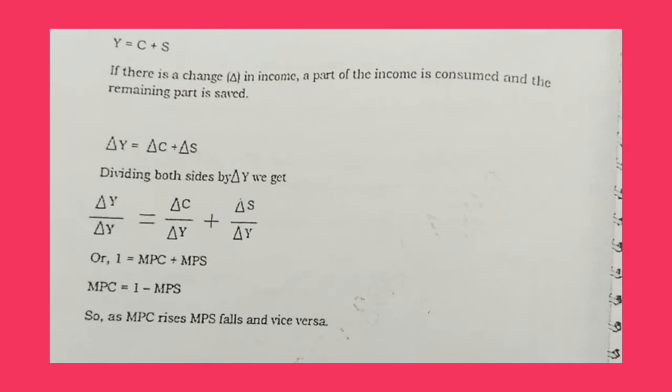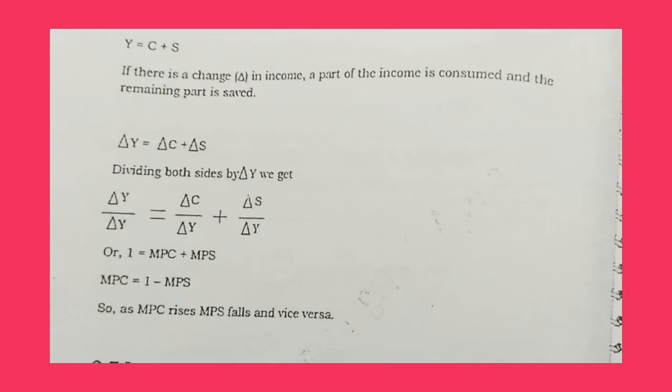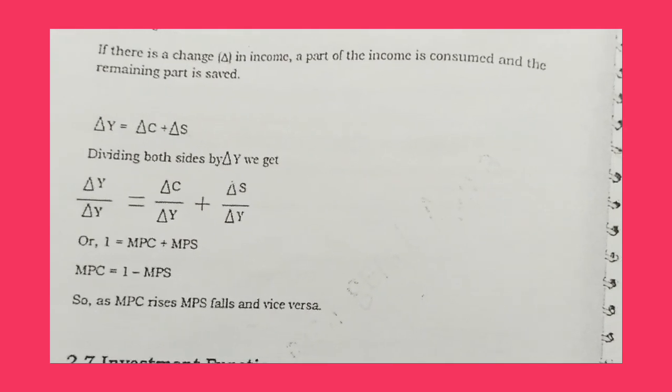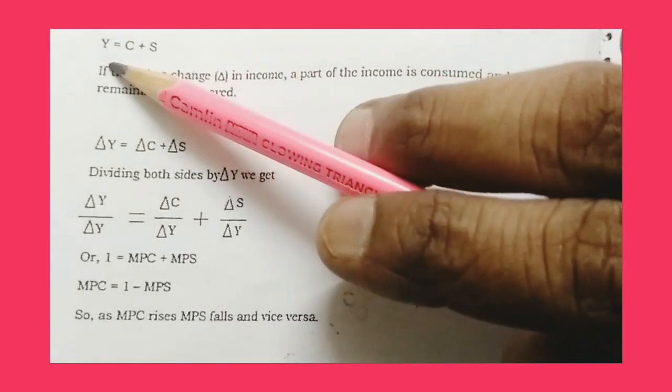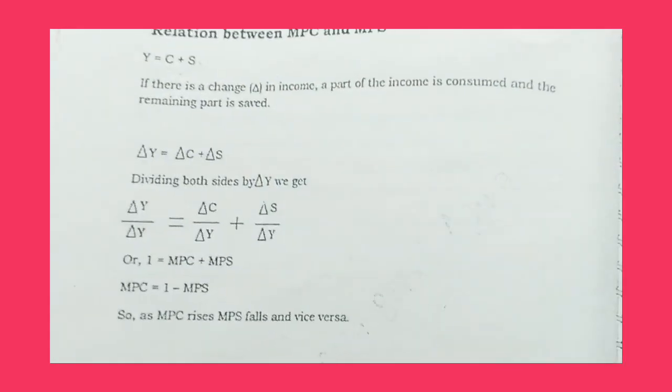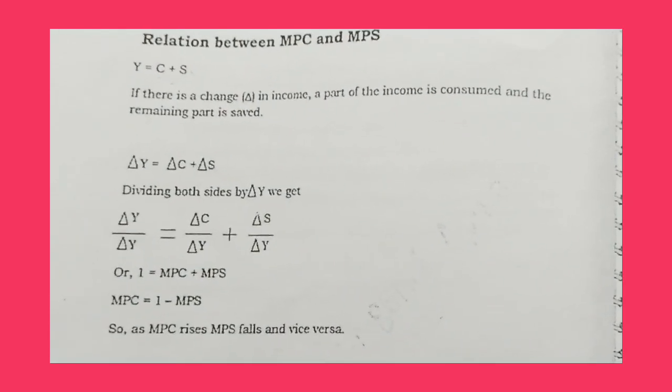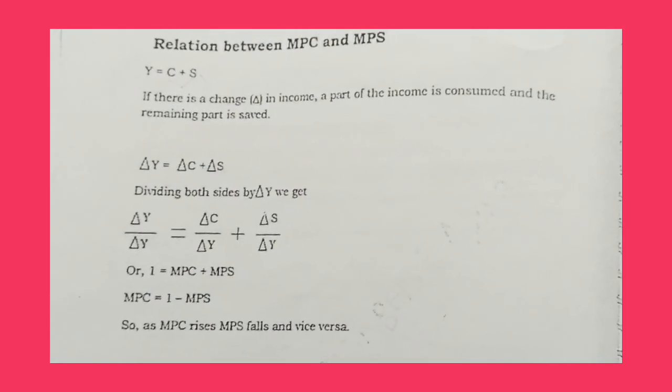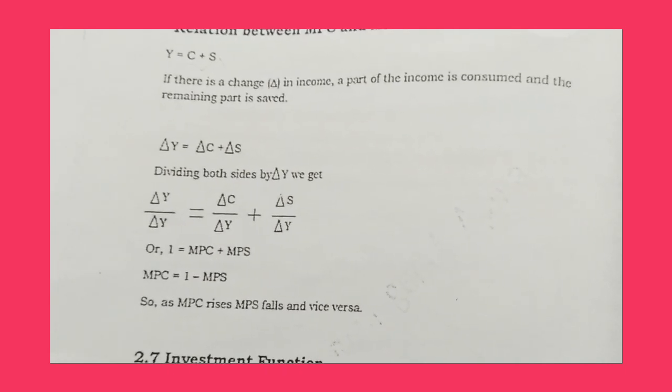Let's see the relation between marginal propensity to consume and marginal propensity to save. We know that income is equal to C, consumption, plus S. If there is a change in income, a part of income is consumed and the remaining part is saved.